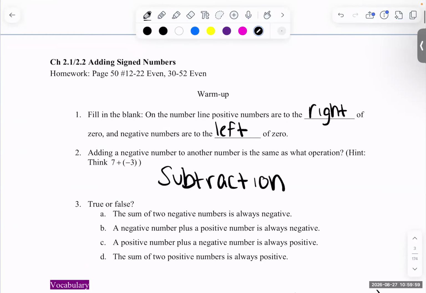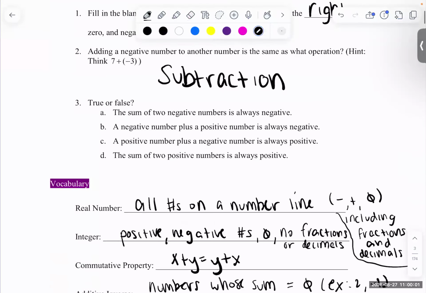Okay. So true or false, the sum of two negative numbers is always negative, right? If you're adding two negative numbers, you are getting more negative, so that is true. A negative number plus a positive number is always negative? Not necessarily. If I have -1 plus 2, that is +1, so that doesn't work. A positive number plus a negative number is always positive?